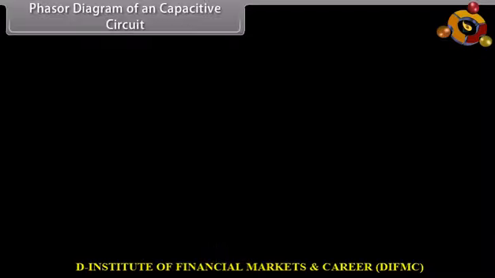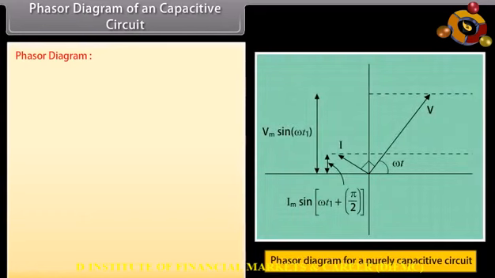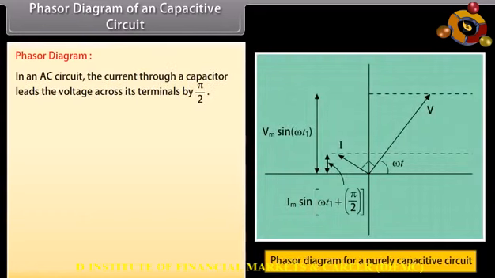Phasor diagram of a capacitive circuit. In an AC circuit, the current through a capacitor leads the voltage across its terminals by pi by 2.